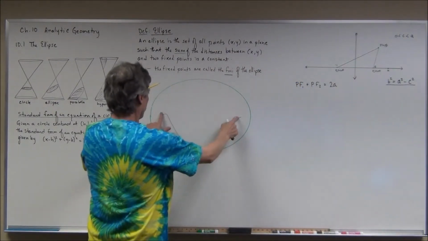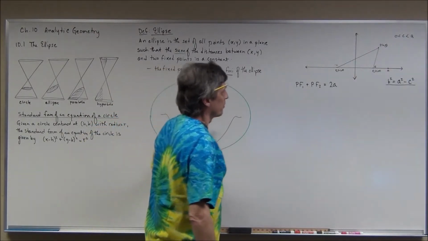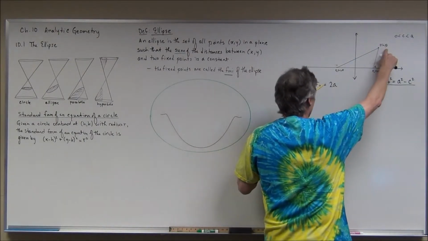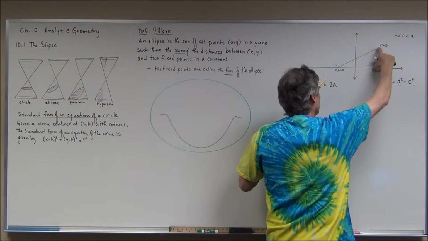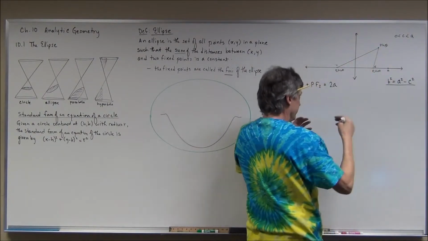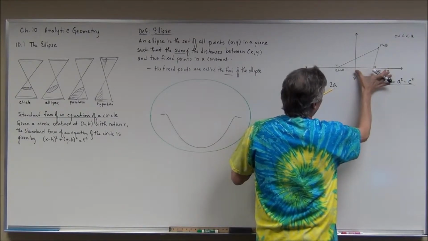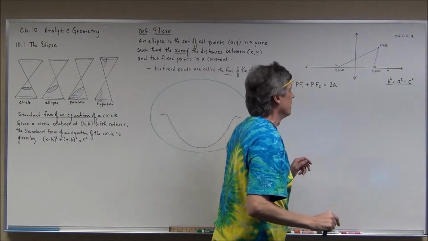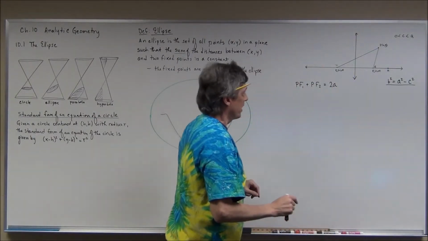You can see the center of the ellipse would be right smack dab in the middle of my drawing. Now over here, I'm going to have all points, and I'm going to graph one point here, called point xy, such that this distance plus this distance is some set amount. Now, this is C, this is A. I've got C and A both positive, and A bigger than C. All right, this fixed distance turns out to be 2 times A.